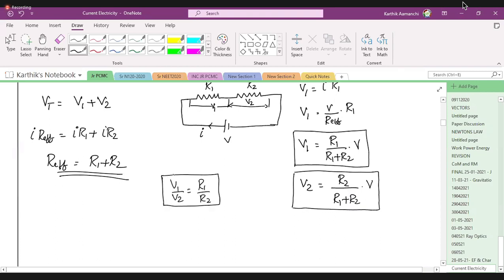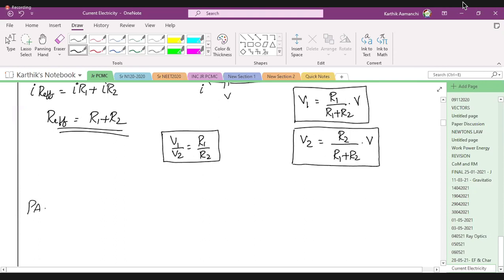Understood? This is what I'm interested in, because in your numerical this is what they'll ask: what is your potential across this resistor? Immediately you'll use this formula and solve it. Clear?